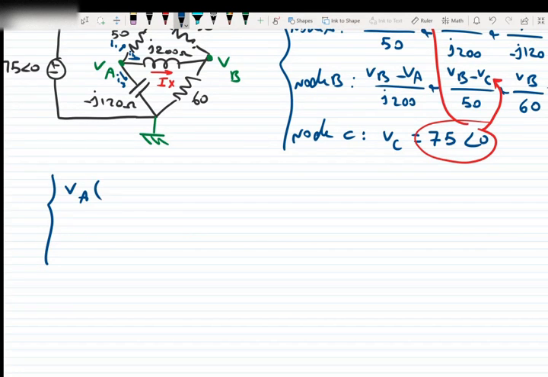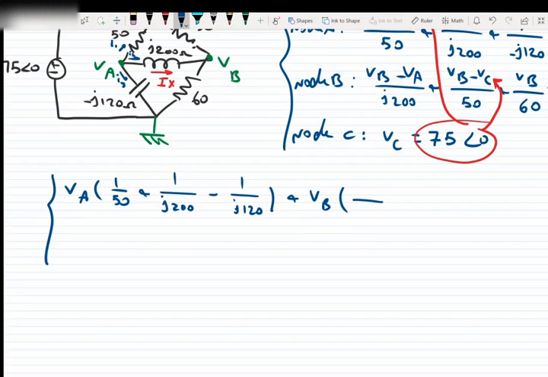We factor out VA: 1 over 50 plus 1 over J200 minus 1 over J120, plus VB times negative 1 over J200, is equal to 75 with the angle of 0 over 50.